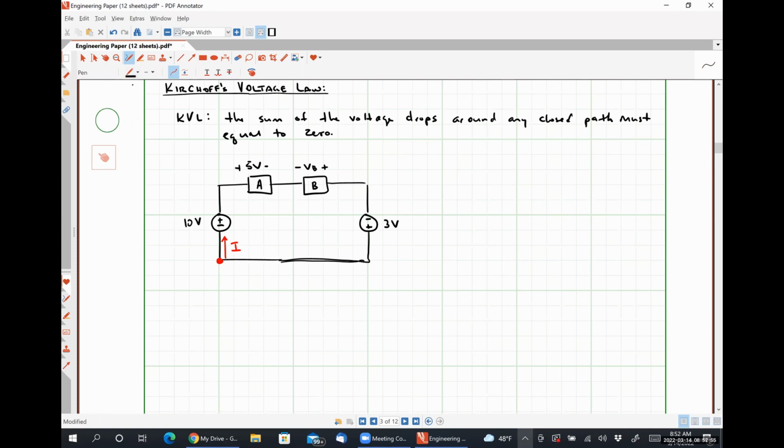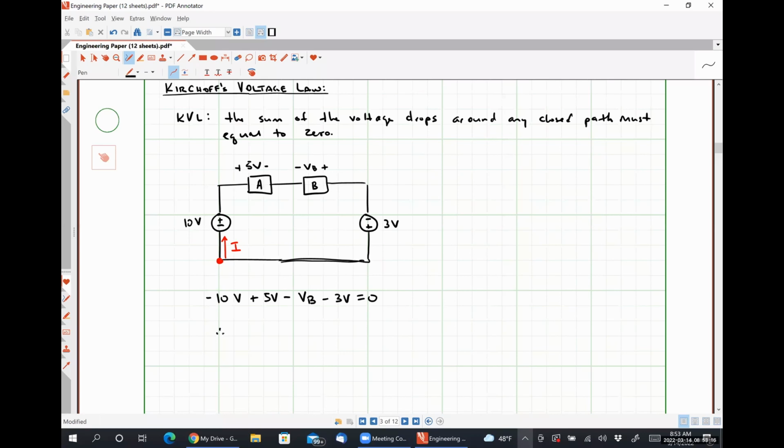So for this particular example, we would see negative 10 volts plus 5 volts minus VB minus 3 volts is equal to 0.